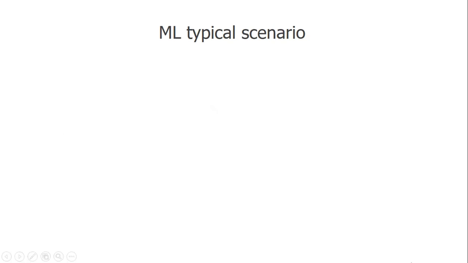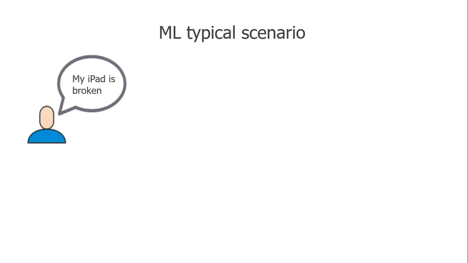Alright, to better understand how machine learning may help, let's now see a typical machine learning scenario. A user reaches out to IT services and reports that his iPad is broken. It turns out that the service in charge of helping the user is a chatbot.